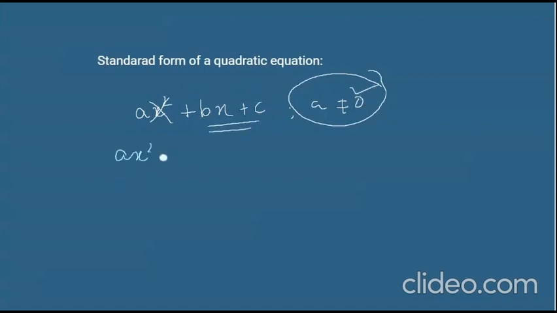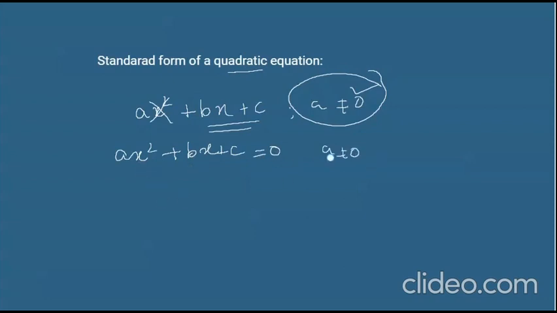So the general or standard form of a quadratic polynomial was ax square plus bx plus c. Now a quadratic equation is none other than this equated to 0. You get ax square plus bx plus c is equal to 0, where a is not equal to 0.